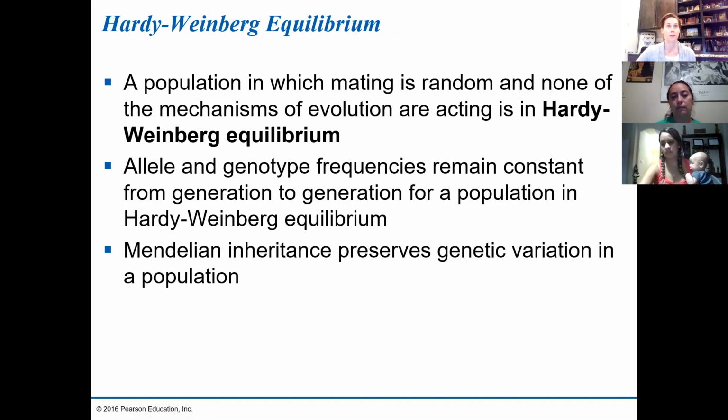Even in a human population, mating is fairly random, even though you as an individual decide who you mate with. But mating is random, meaning that you're not taking certain genotypes or alleles out of the population, preventing somebody from mating with another trait. And so none of the mechanisms of evolution are happening. It's a consistent equilibrium population.